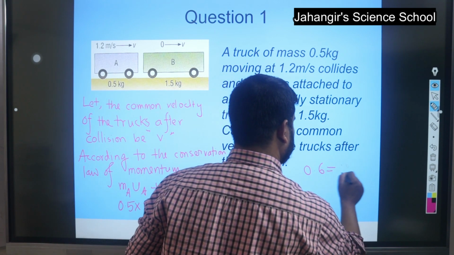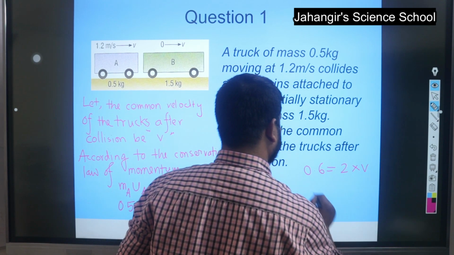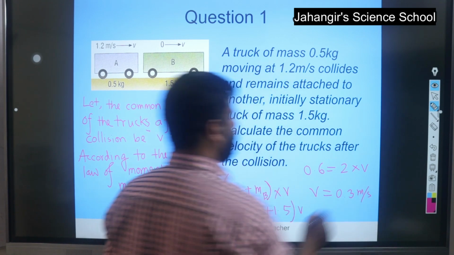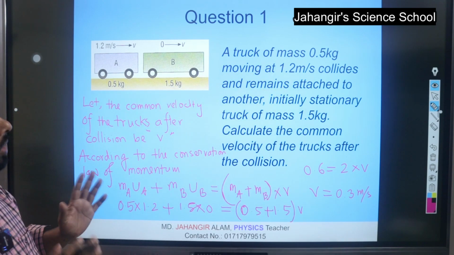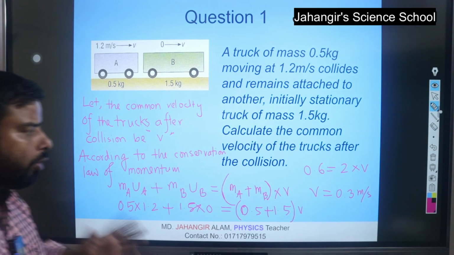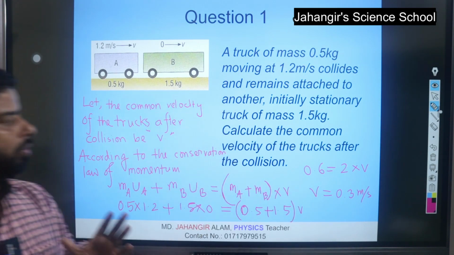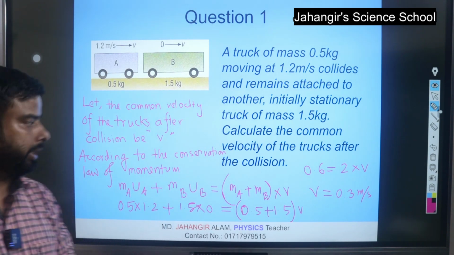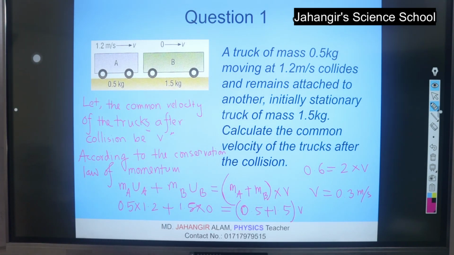So 2 into v. So v equals 0.3 meter per second. After collision, the two trucks combinedly move in the right direction with a velocity of 0.3 meter per second.